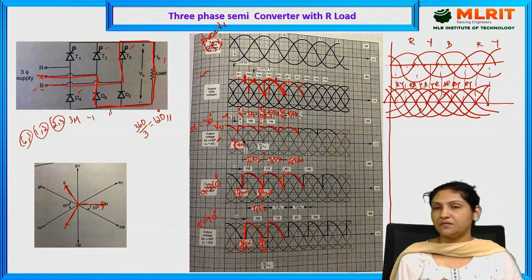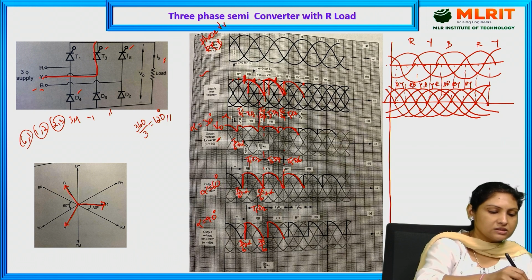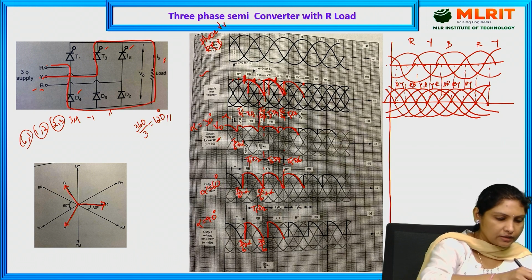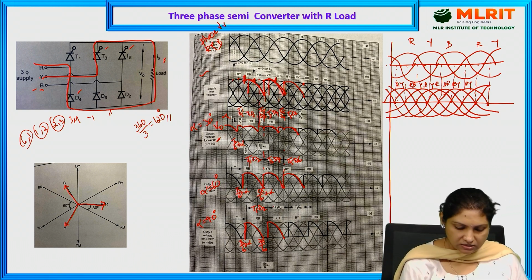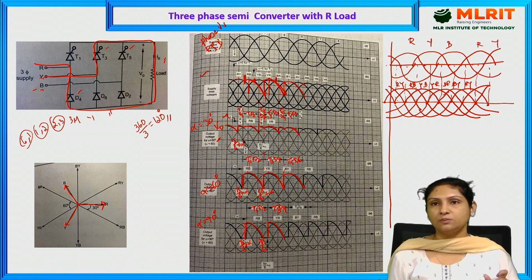And this is YR phase. So due to YR phase, thyristor 3 and D4 will be conducting. That is, thyristor 3 as well as D4 is conducting as long as YR phase appears.